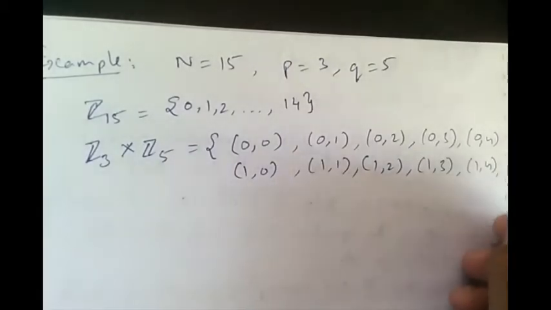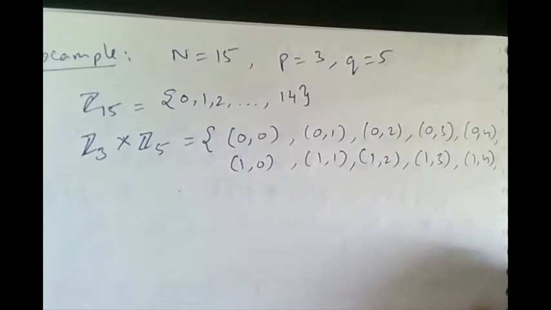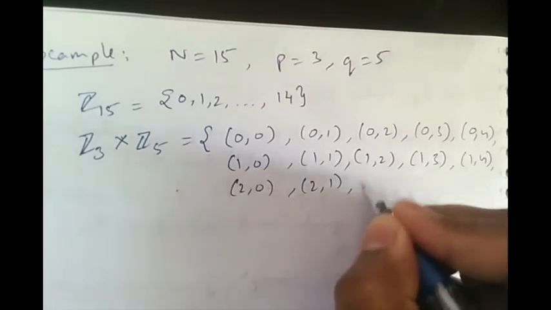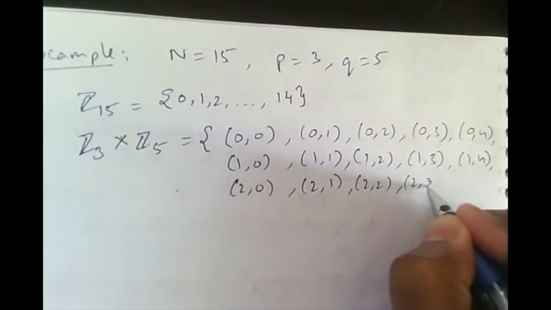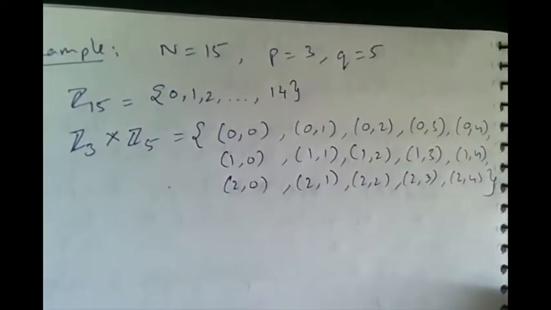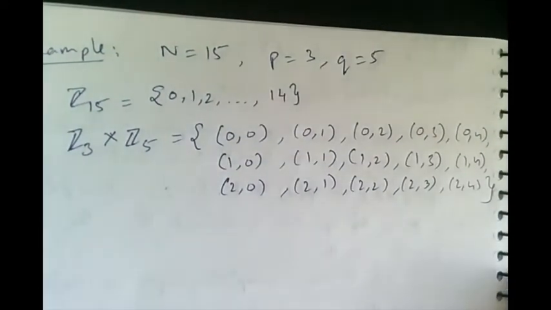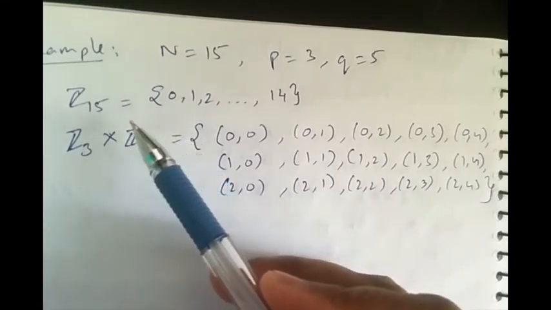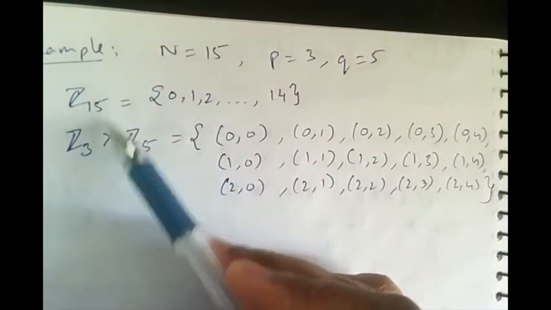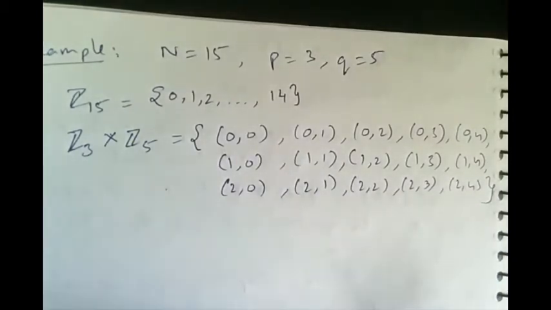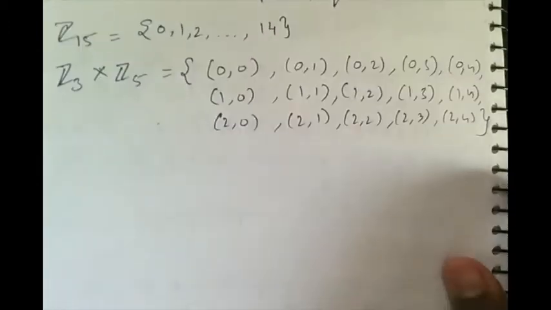And finally 2,0; 2,1; 2,2; 2,3; 2,4. So the Chinese remainder theorem says that first of all these two groups are isomorphic, where in the first group you have modulo 15 as operation, and in the second group you have coordinate-wise mod 3 and mod 5 as operation.